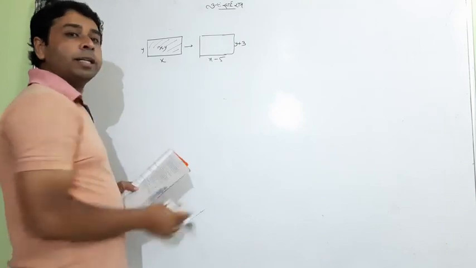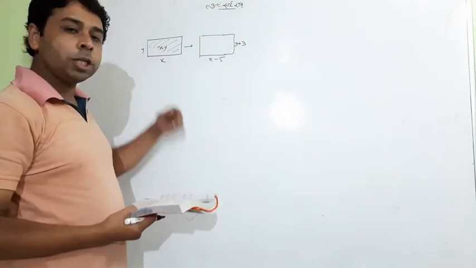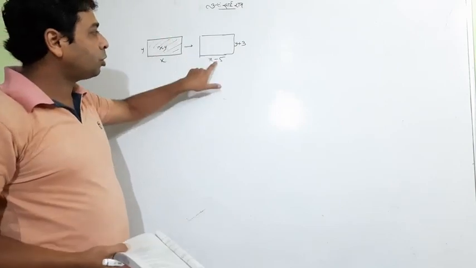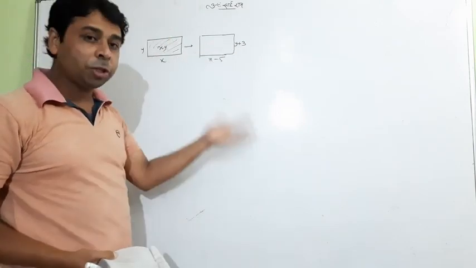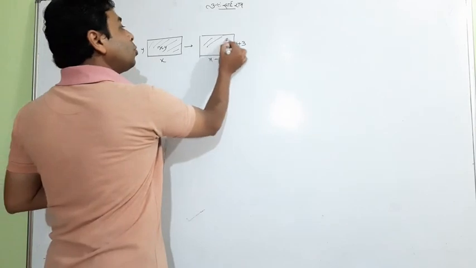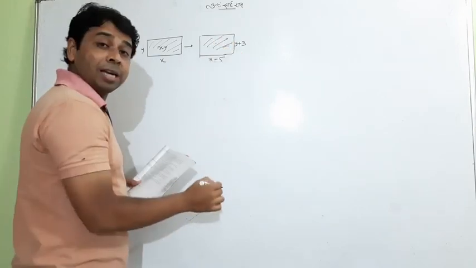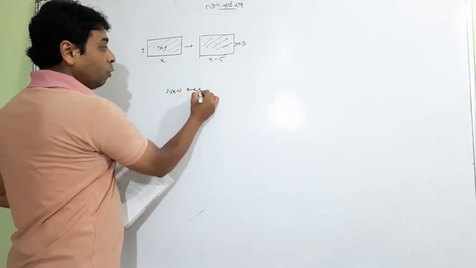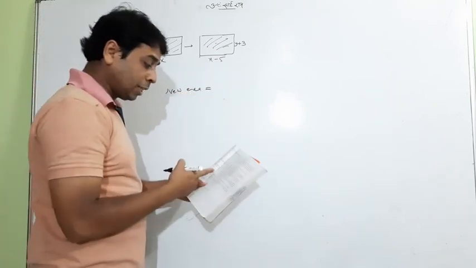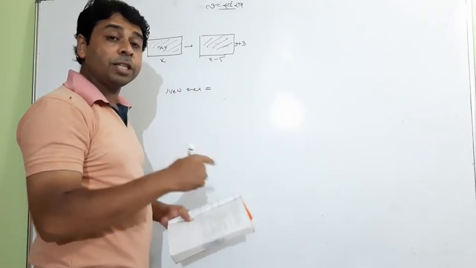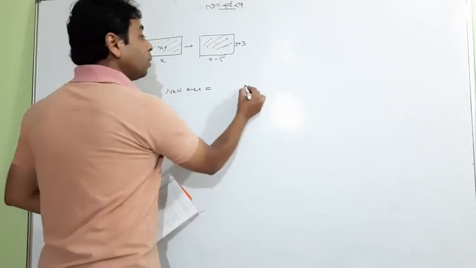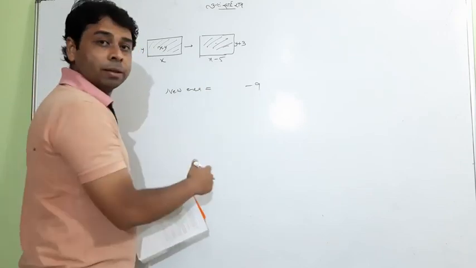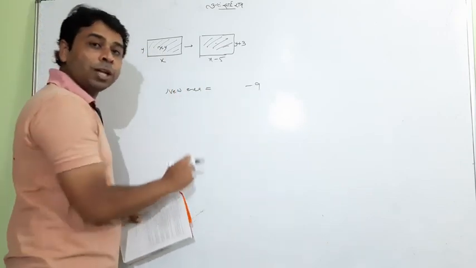Definitely this rectangle is changed rather than this one. This time the length was x, the breadth was y. This time the length changed, the breadth changed, so the area will be changed. The question says its area, meaning the new area, will be 9 less. The area of the new rectangle gets reduced by 9 than the area of the original one.